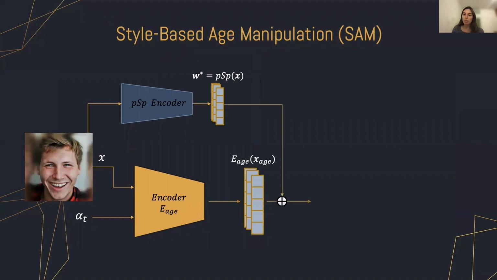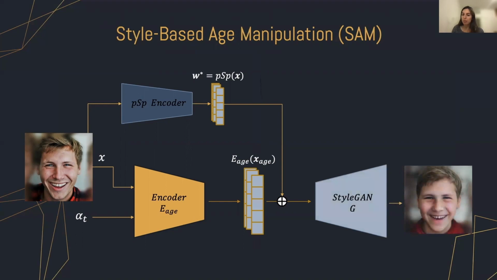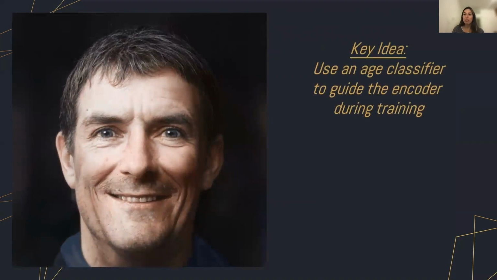If we take our PSP encoding and the output of E_age and sum them up, we get our unified representation. Finally, passing this into a fixed pre-trained StyleGAN gives us the output image of the person at the target age. To train the encoder, we utilize a pre-trained age classifier, which guides the age transformation. By using the age classifier, we alleviate the need of having paired data.